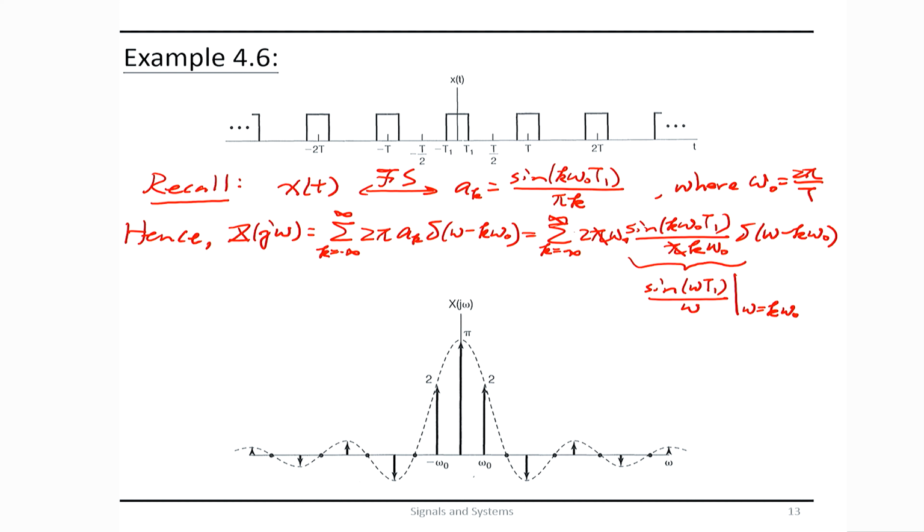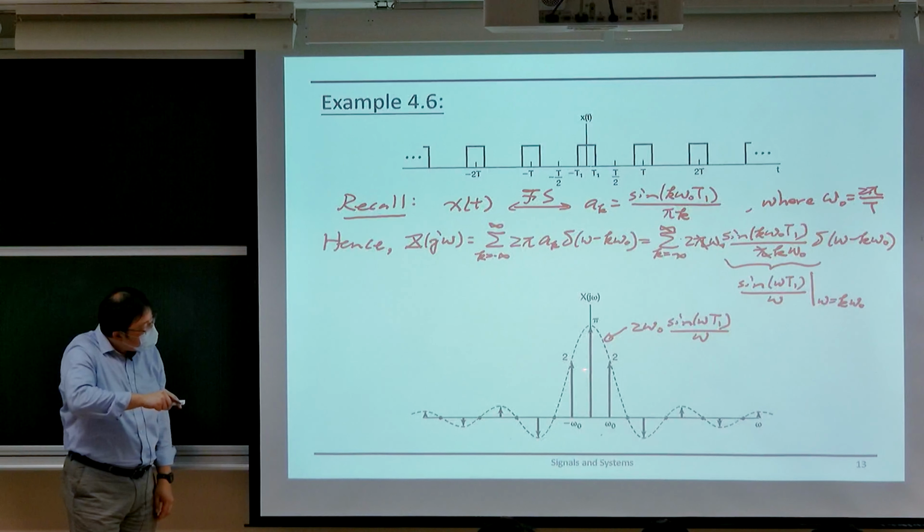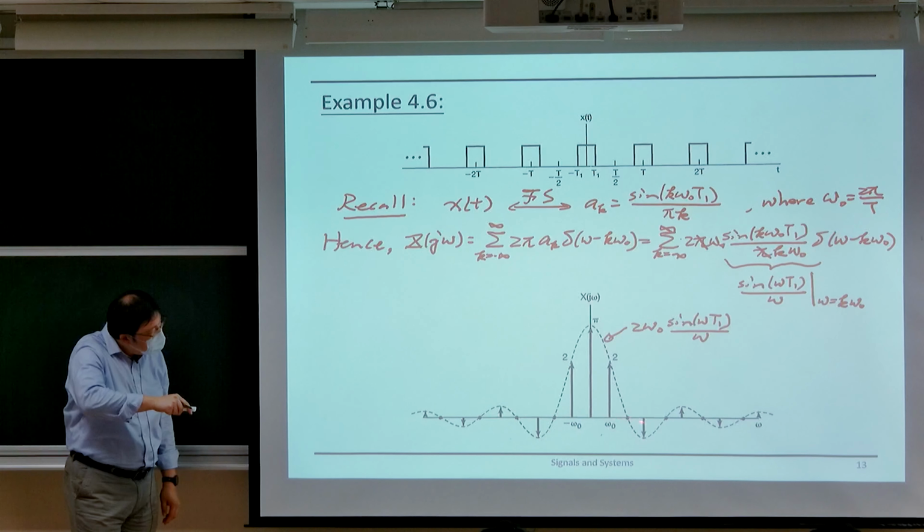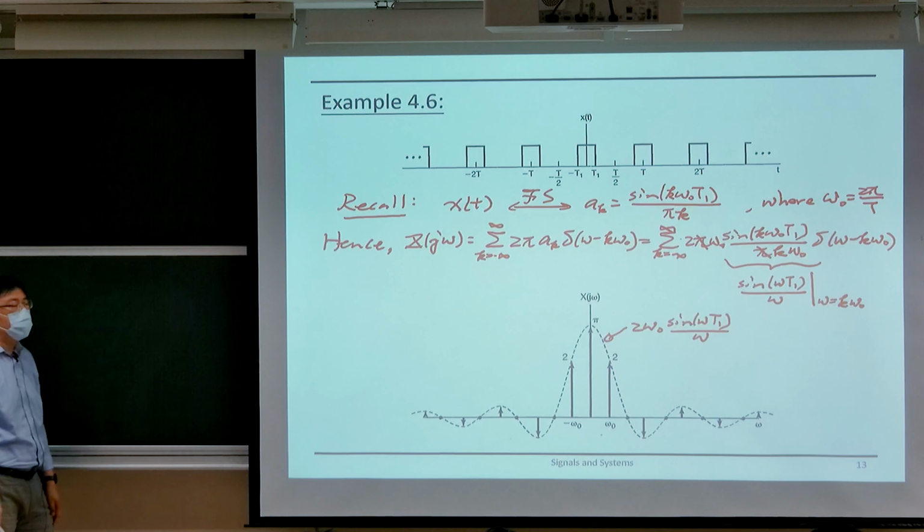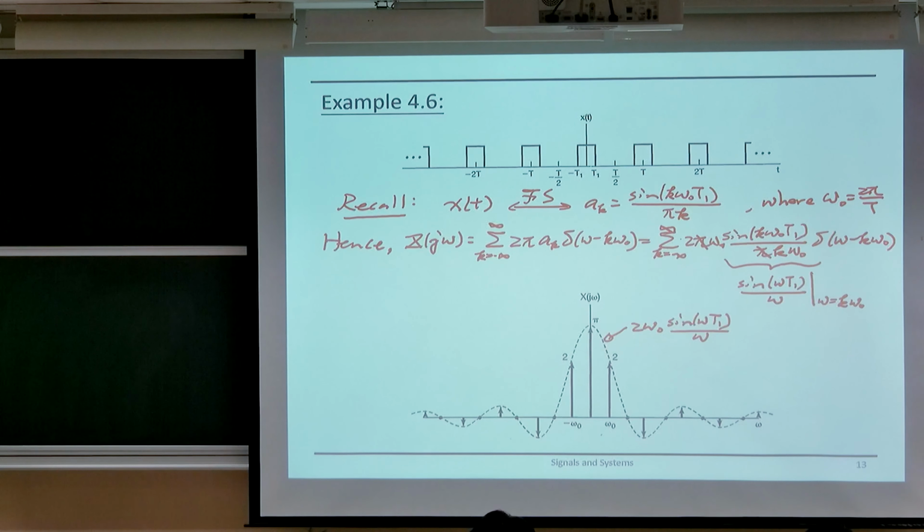So you have this envelope that takes on the shape of 2 sine of omega t1 over omega, and you have these impulses that are scaled by the values sampled from this sinc pulse, okay? So this is the Fourier transform of the periodic square wave that we have up here.